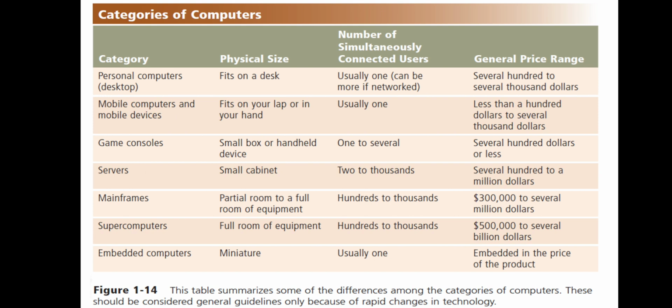So due to our technology karon nga sige na lang og improve, sige na lang og upgrade, usahay ang differences niya or ang categories niya is not really that clear kung asa siya ibutang. And sometimes those devices and technologies will overlap, nag-overlap siya, and that is called convergence.